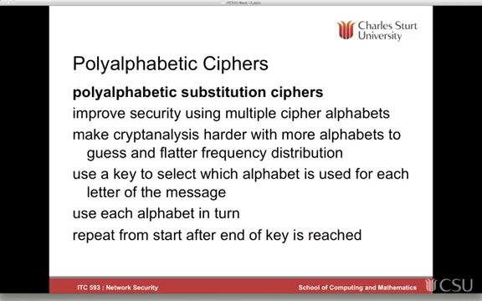The general name for this approach is a polyalphabetic substitution cipher. All these techniques have the following features in common. Number 1, a set of related monoalphabetic substitution rules is used. Number 2, a key determines which particular rule is chosen for a given transformation.